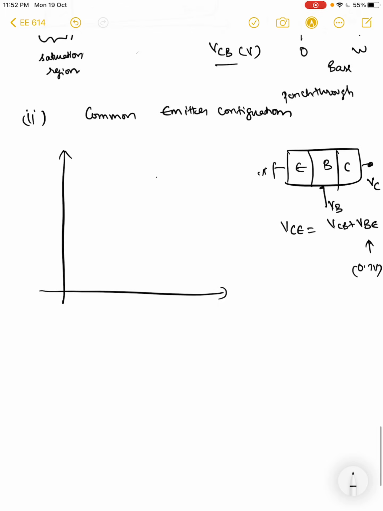When the base current is zero, you have a small but non-negligible collector current, right? As you increase the collector potential, right? Now as long as this collector potential is smaller than the base potential, right? Let us draw that line somewhere like this.